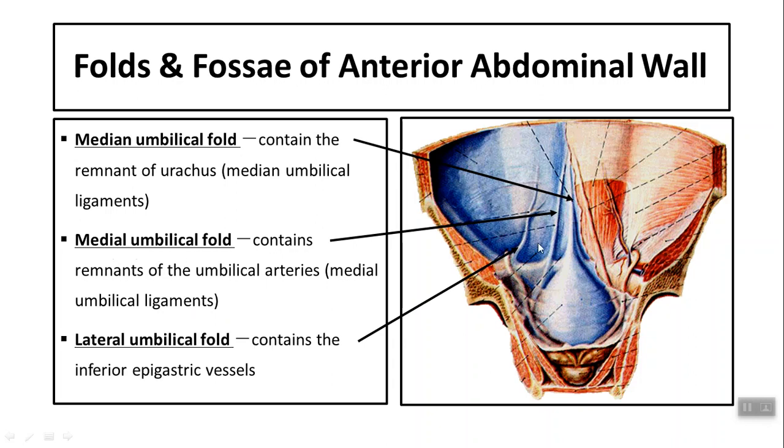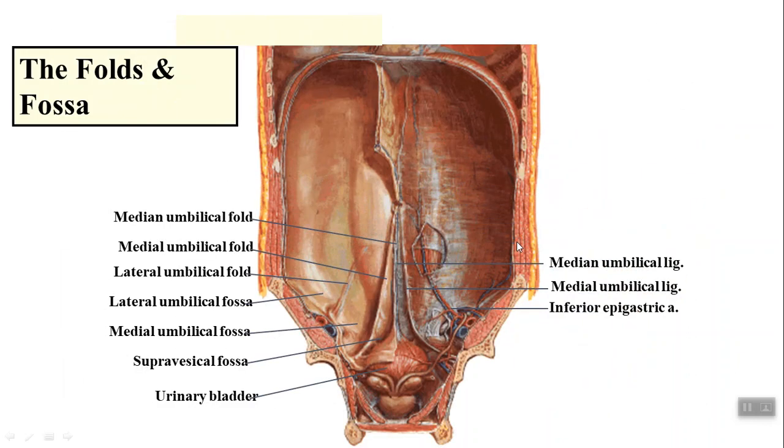The most lateral one is called the lateral umbilical fold, and it contains the inferior epigastric vessels. So at the midline we have the median umbilical fold formed by the urachus, the medial umbilical fold formed by remnants of the umbilical arteries, and the lateral umbilical fold formed by the inferior epigastric vessels.